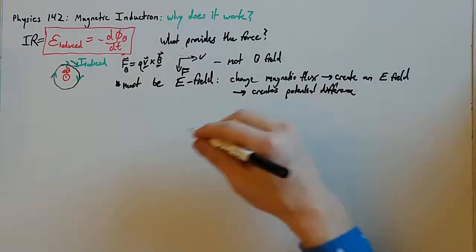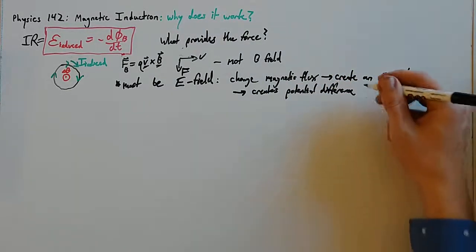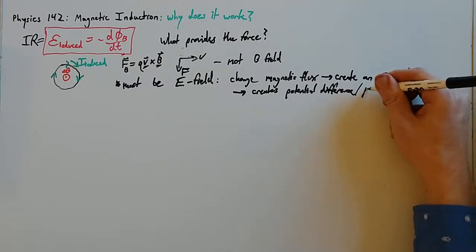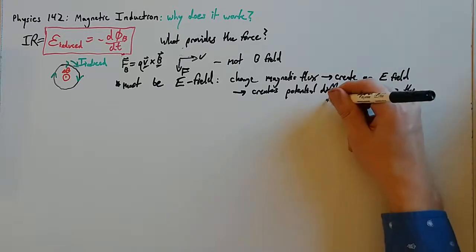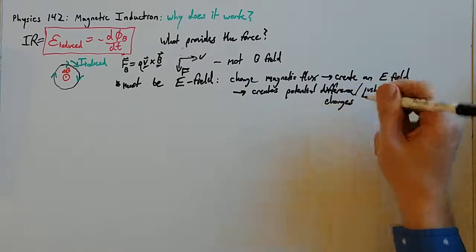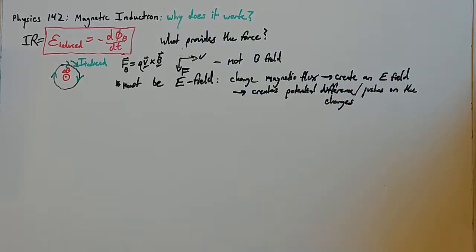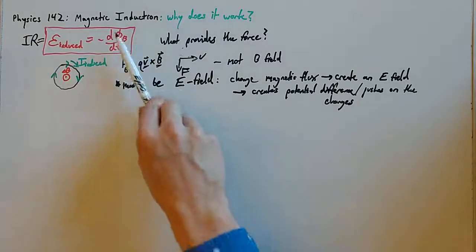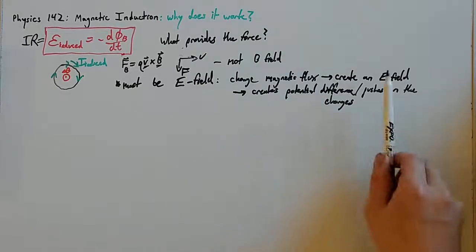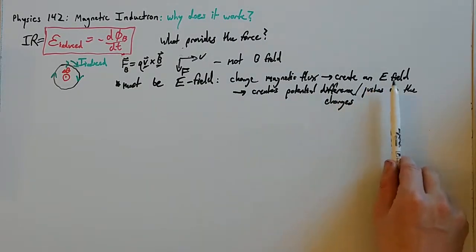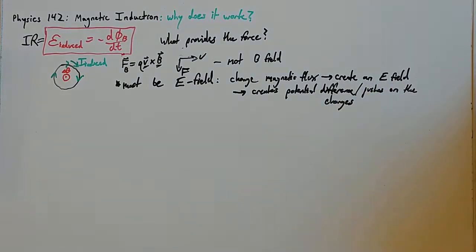That is, it pushes on the particles and gets them moving, pushes on the charges. So it must be that somehow by changing the flux, we're creating a kind of E field that then can push on the charges and create this potential difference. And so I want to think a little bit about what this E field must look like.